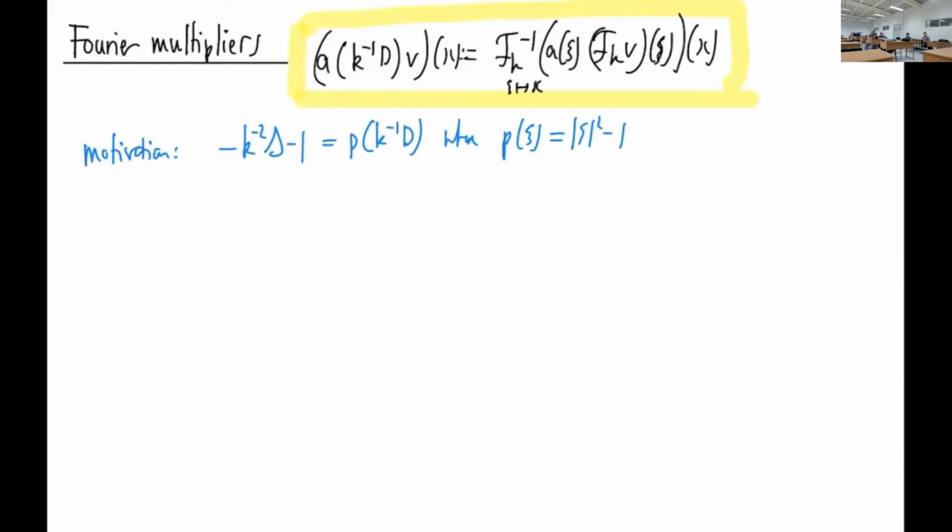Now I'm going to have a definition which is slightly non-standard, and I'll make a remark about that at the end.